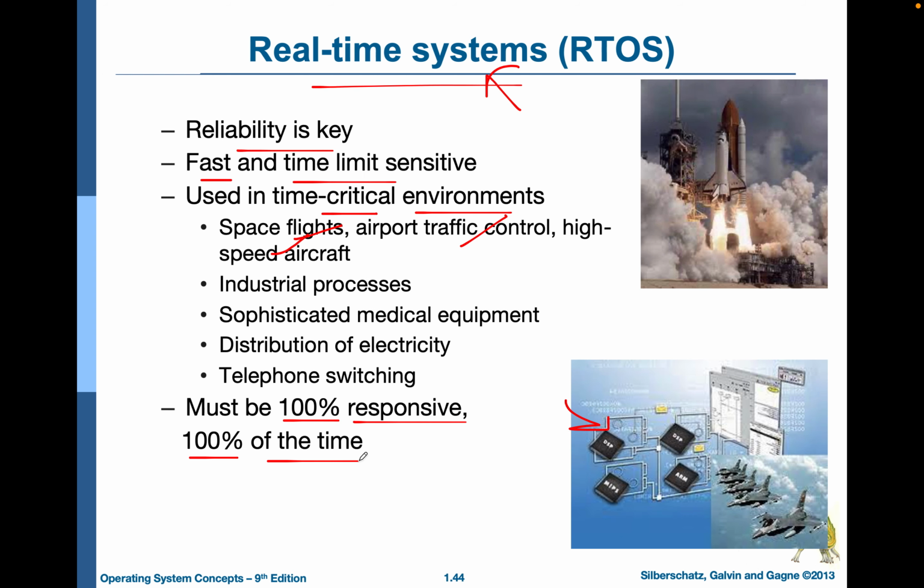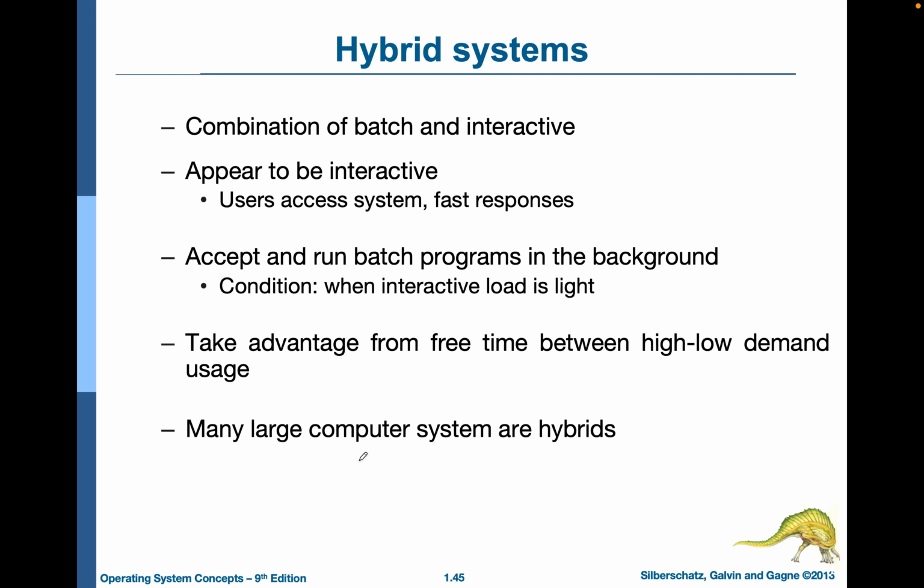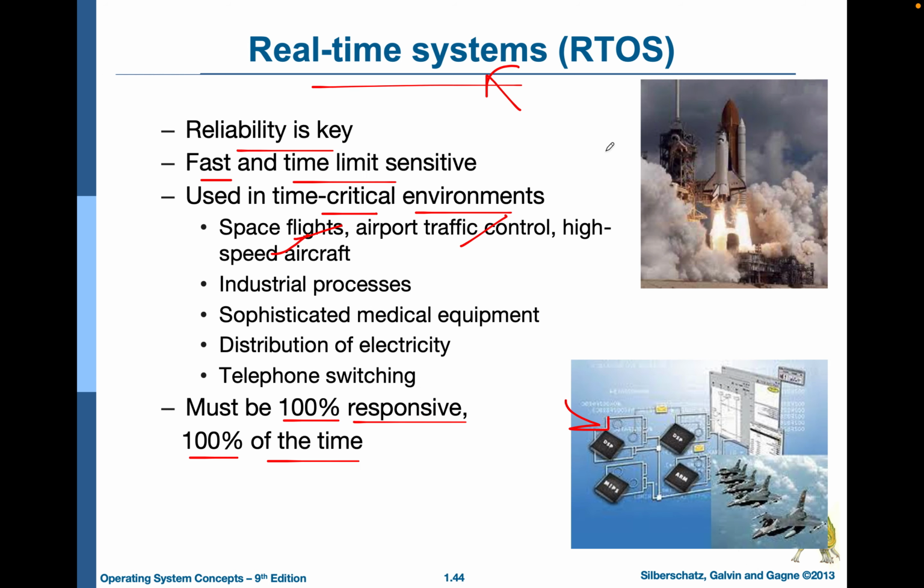After we have this, we might think, oh, this is the most perfect system available, but yet not. There is also the hybrid system. When we talk about hybrid, we know that it is a combination of two systems, which combines the batch and interactive system.